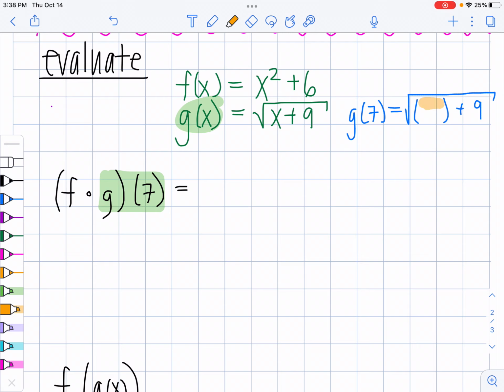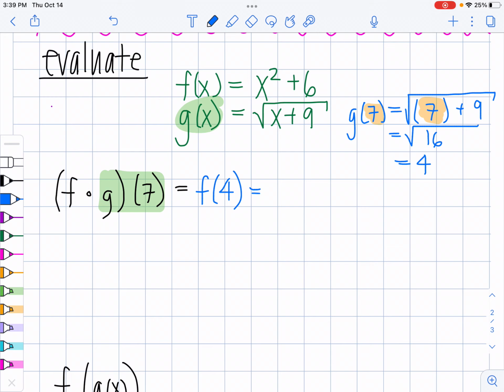And in this orange space, I'm going to plug in a 7. So this becomes the square root of 7 plus 9, which is 16, which gives me the square root of 4.